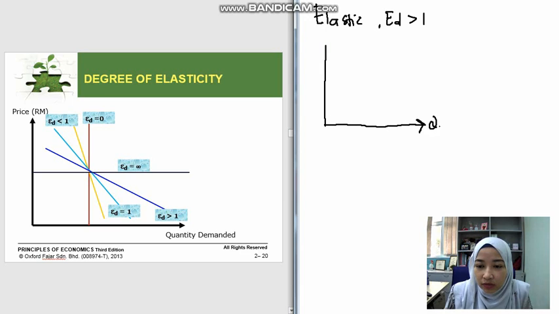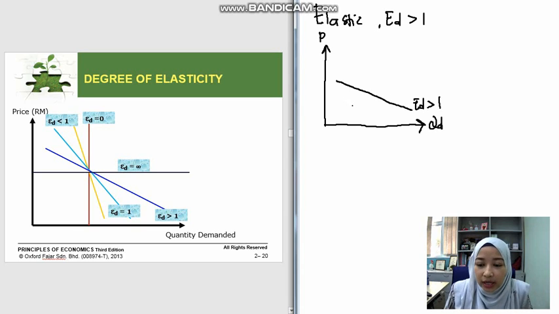Let's say you have quantity demanded and price. We are looking at the relationship between quantity demanded and price. An elastic demand usually will have a flatter curve. In Malay we call it lepe, flat. So this is the elastic demand curve.